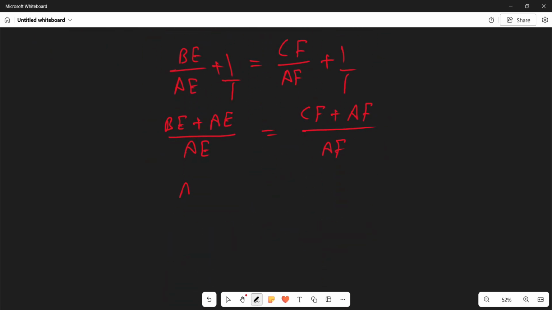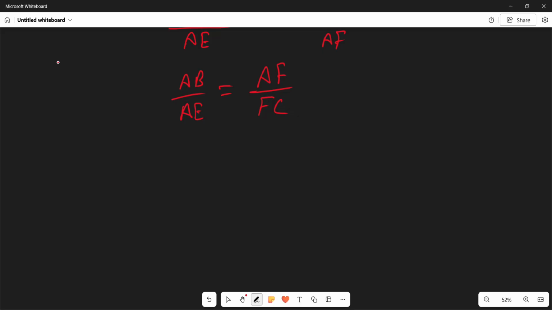So it is AB upon AE equals AC upon AF. Again I'll take the reciprocal. And I get AE upon AB equals AF upon AC.